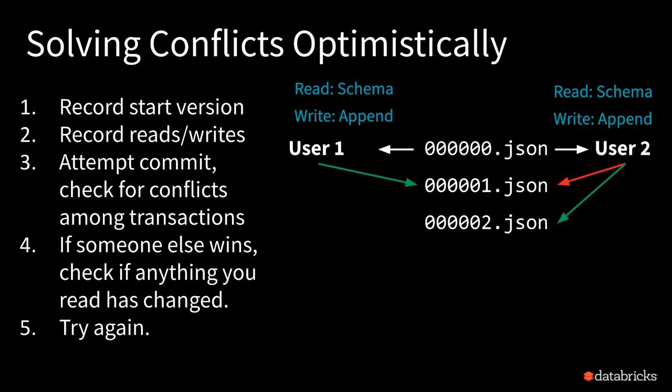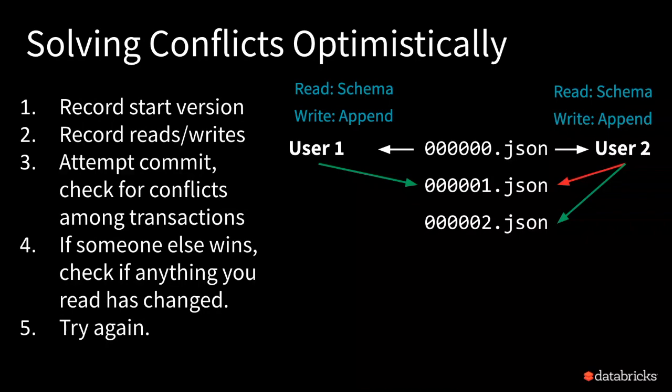So if it does detect that two operations are going to conflict, like you're trying to modify files in the same partition and you might be having two writers modifying the same file, the first one to make a commit will succeed. And the second one, when it goes to make a commit, it will see that someone has already modified this file and will be failed. You can simply retry that operation.